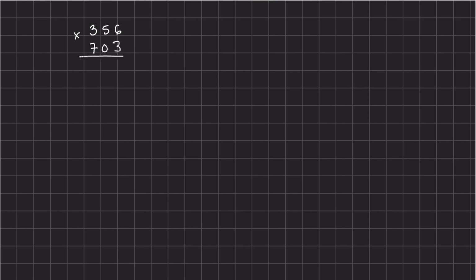What happens is I will multiply all of these numbers here, then it will give me a number of units I have. After that, I will multiply those here, but this will give me tens, and same thing with this, it will give me hundreds.